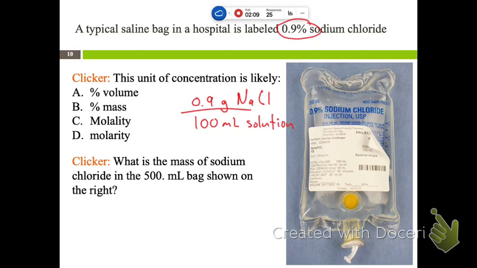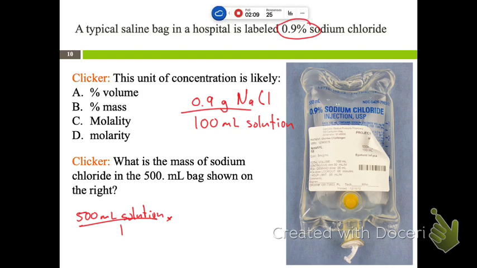Once you've written that out, does it become easier to answer this question? Would someone like to talk us through it? Shelby, now? After I got that number, I did 500 milliliters. I meant to put the 0.9, I thought it was added on to the first one. Yes. So we're going to do this dimensional analysis.